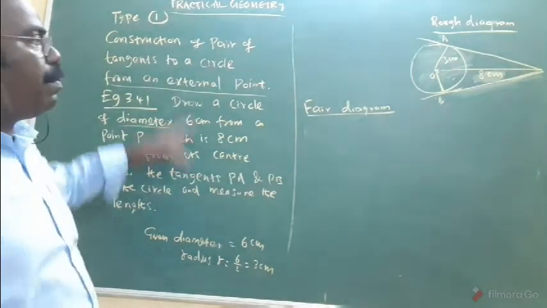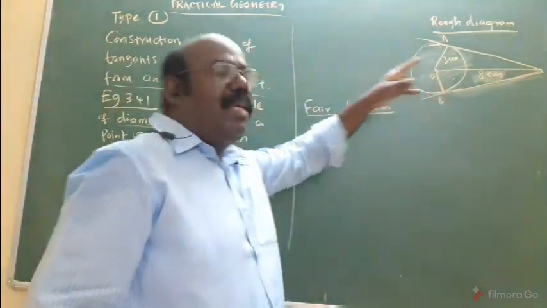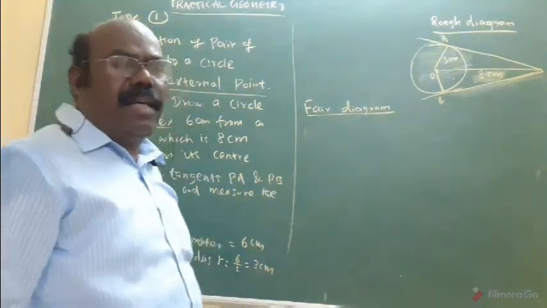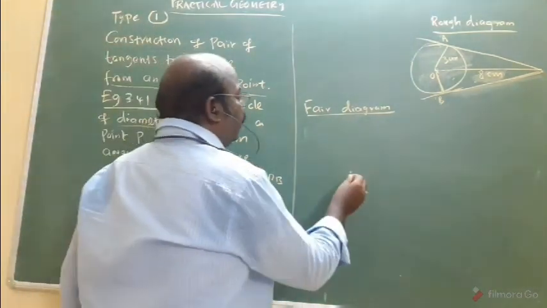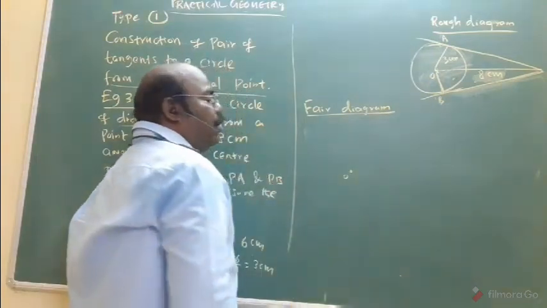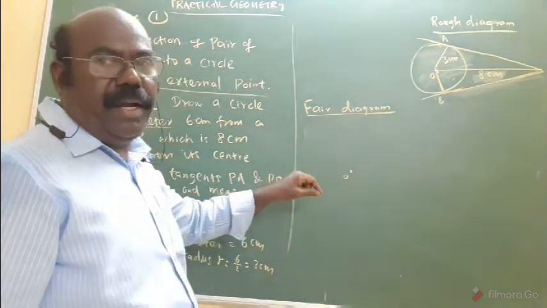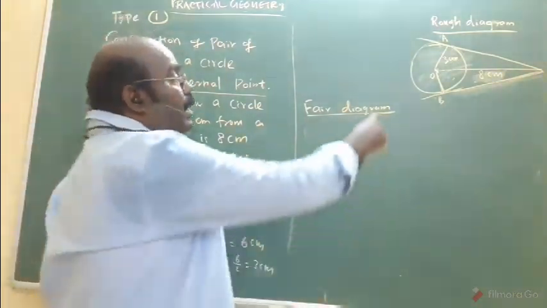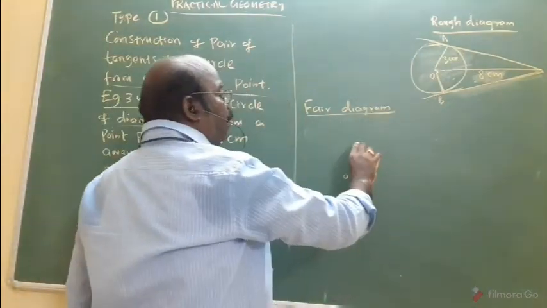Now, in this type of problem, first draw the rough diagram, then the fair diagram. What does it mean? With the help of a compass, put one point on the center O. Draw a circle of 3 centimeter radius.